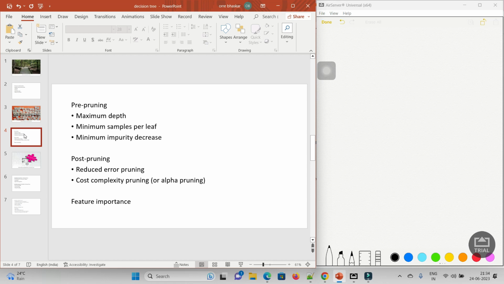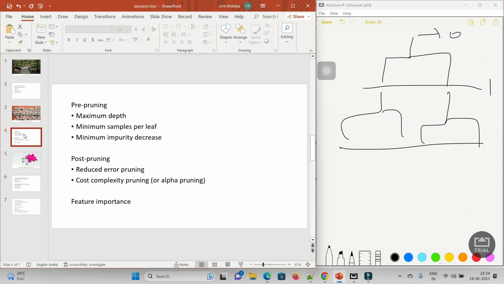In the case of maximum depth, we set a maximum depth of the tree. Assume this is level 0, this is level 1, level 2. If I set the maximum depth as 2, that means we stop the tree here. That's what maximum depth represents.